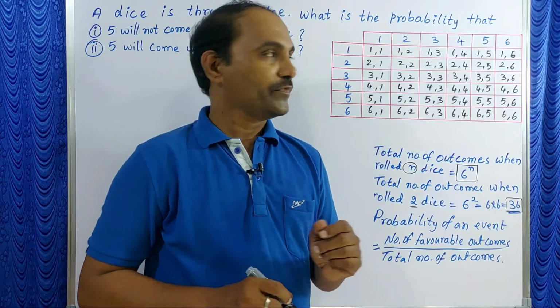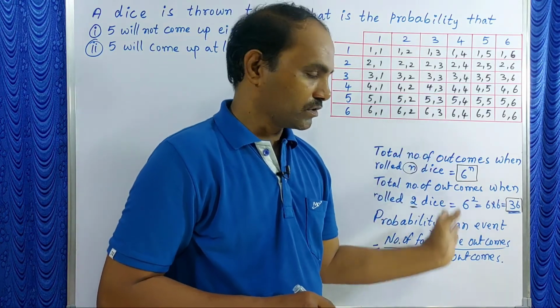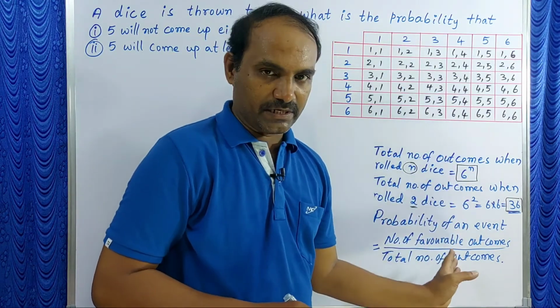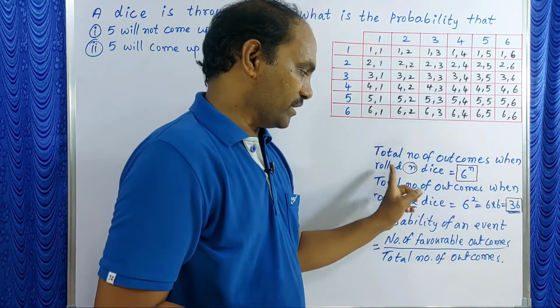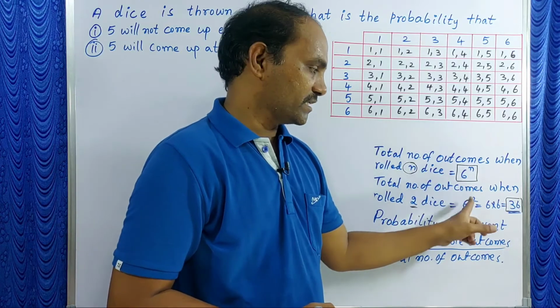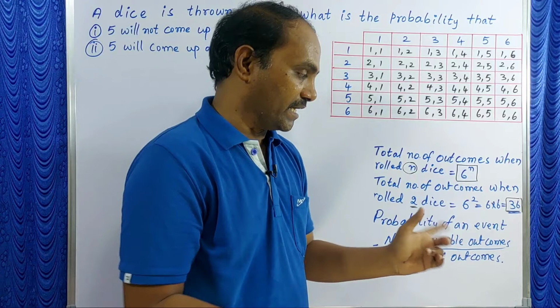At least one time 5 means two times the die is thrown, and in those 2 times at least one time 5 will be there. So 2 dice thrown at a time, I already explained in the previous question. Number of total outcomes when n dice are rolled is 6 power n. So here 2 dice or 1 die 2 times is the same.